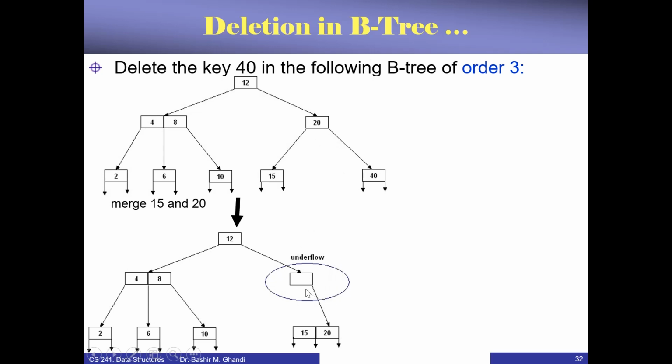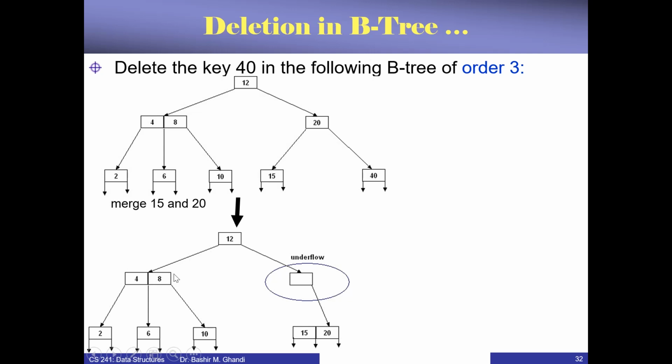So this is the point I was trying to stress. When a parent underflows, don't try to merge immediately. Try to see the sibling, in this case, the left sibling. Can you borrow from it? Obviously, you can in this case because the minimum is 1 in a B tree of order 3. Okay, and this guy has 2 keys, so we can borrow 1.